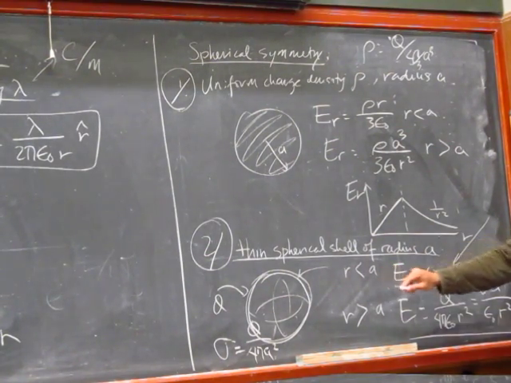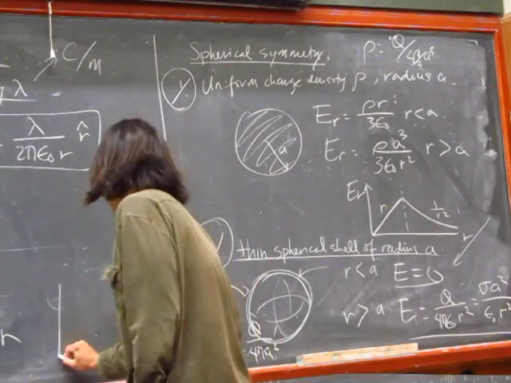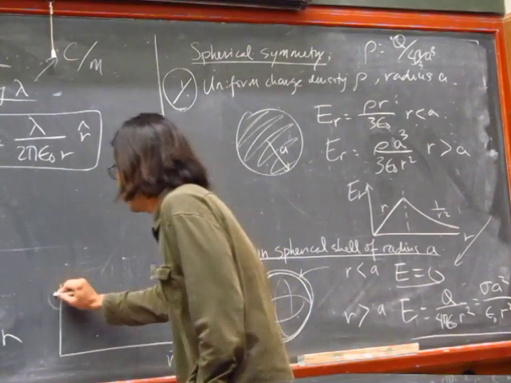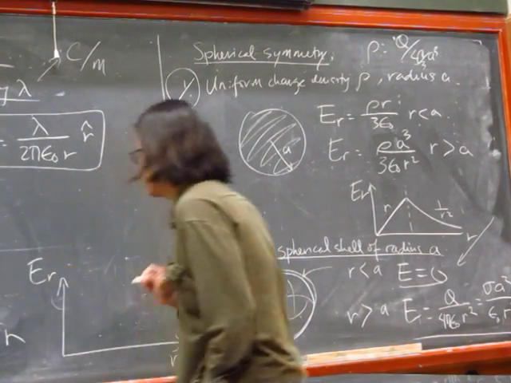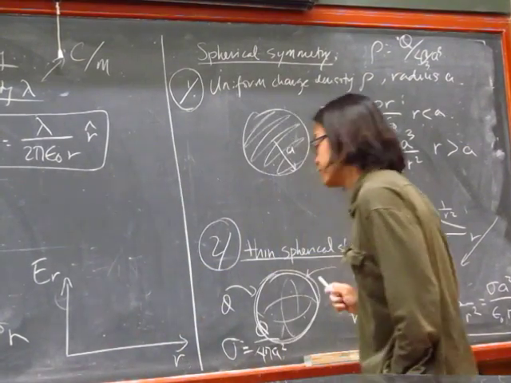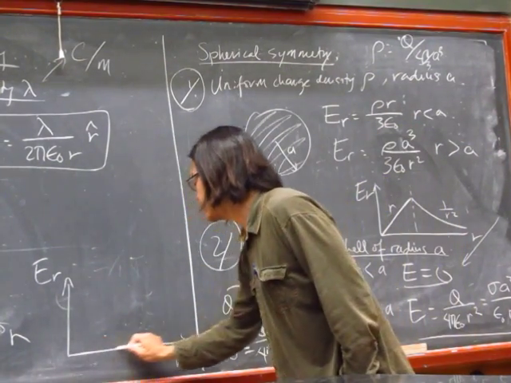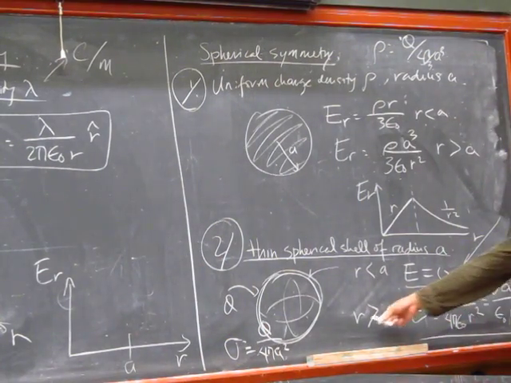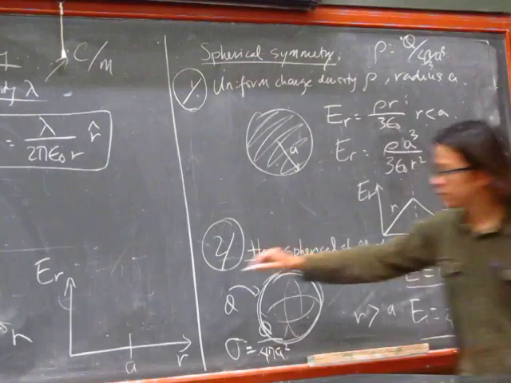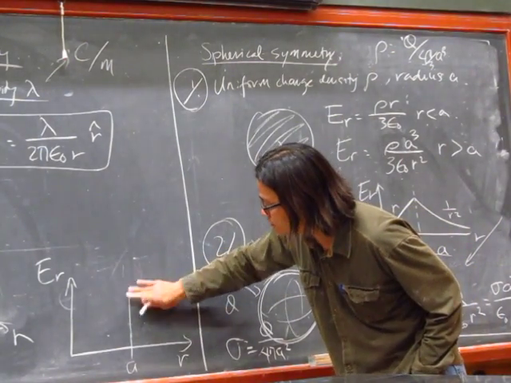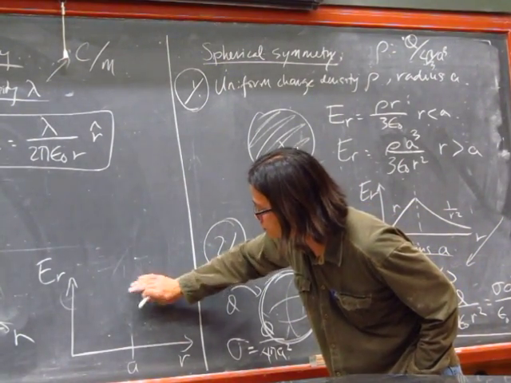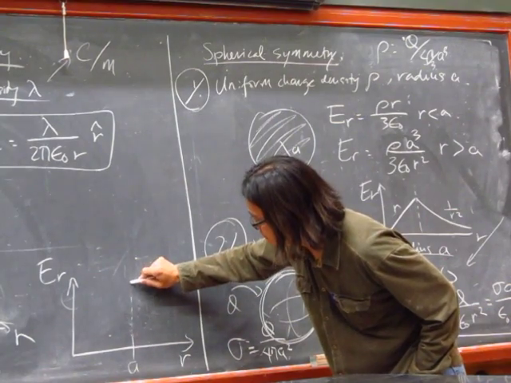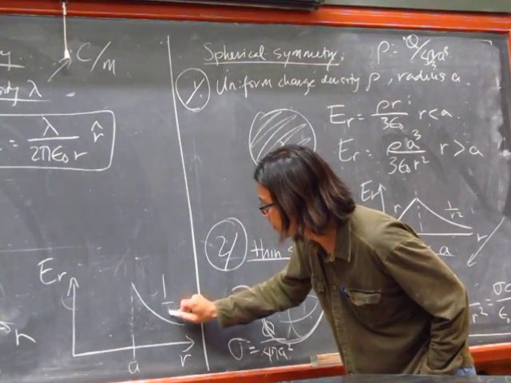If I draw it as a function of r, the radial component of the electric field is 0 everywhere inside, and suddenly, when r is greater than a, there's a jump, and the electric field goes down as 1 over r squared.